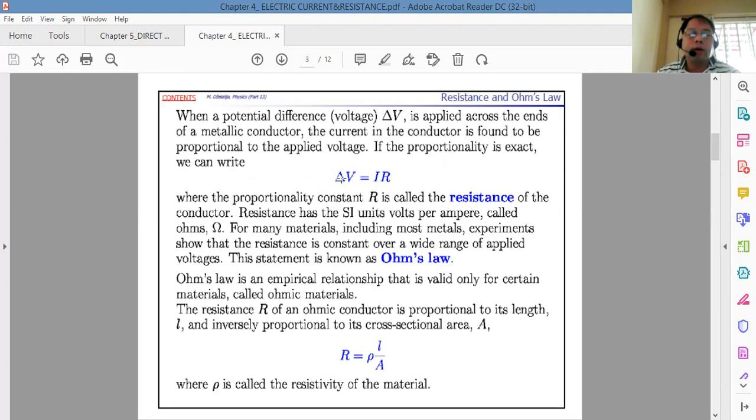The three variables, voltage, current, and resistance, are labeled as V, I, and R, and we put them in an equation called Ohm's law. When we divide V by I, that principle tells us it gives a certain constant R, which we call resistance.